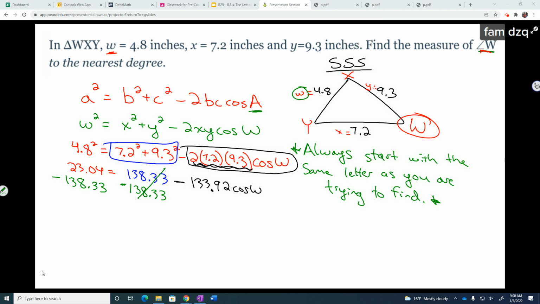You have to be a little more careful with all of your decimal points. And you'll get a negative 115.29 equals 1.2.